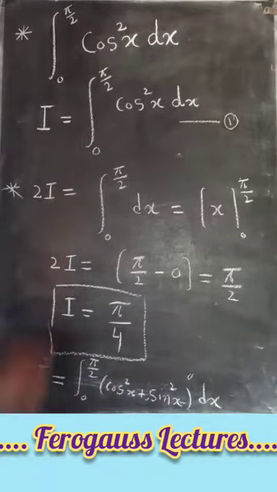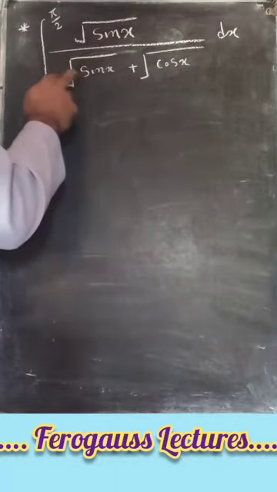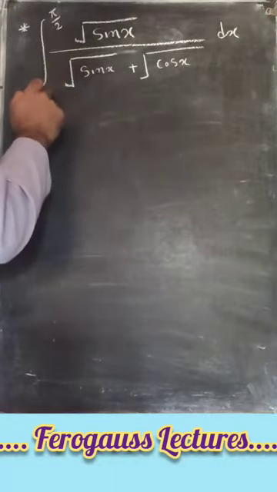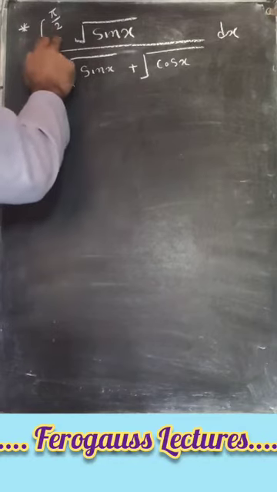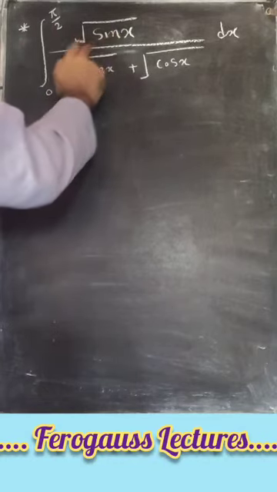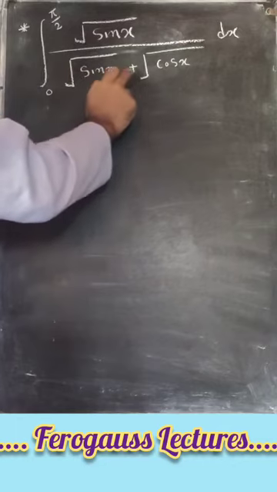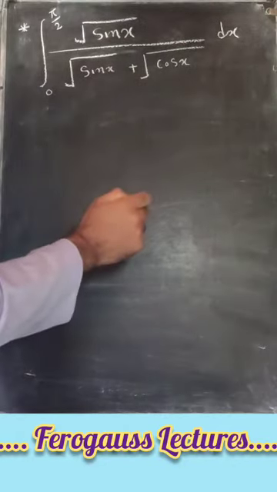Okay, now our next question. Here we have to evaluate this definite integral, that's integral 0 to pi by 2 square root of sine x divided by square root of sine x plus square root of cos x.